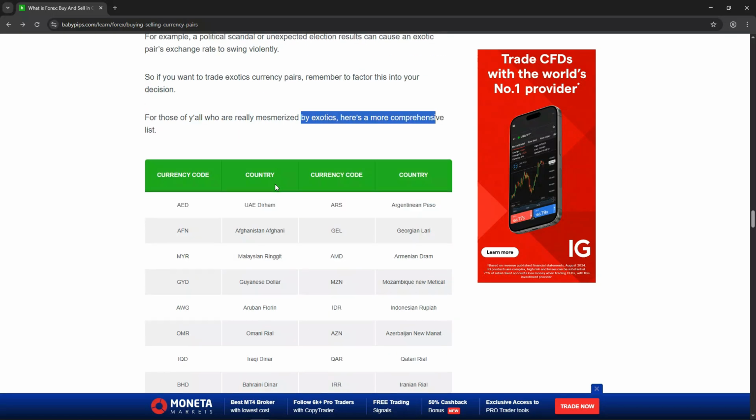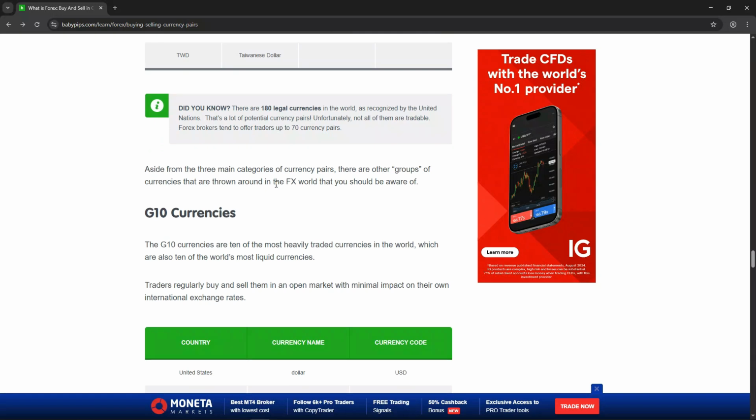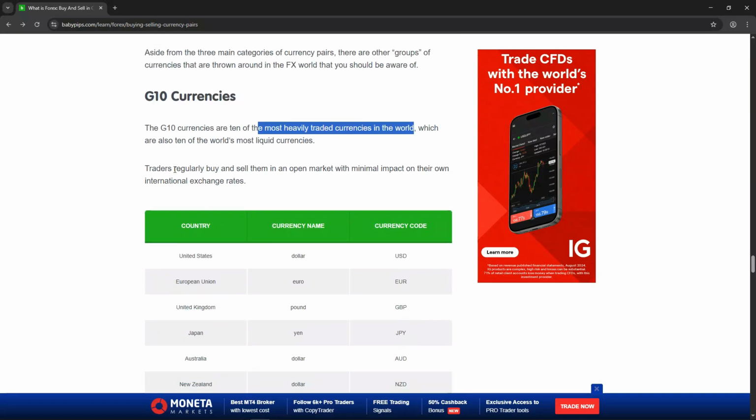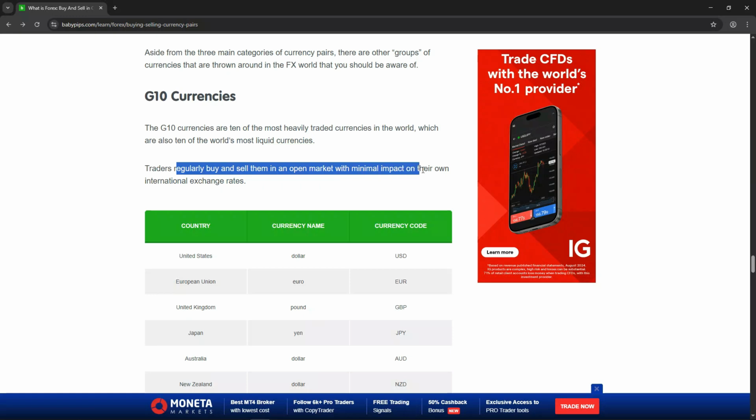Let's talk about G10 currencies. These are the 10 most traded and most liquid currencies in the world. Because they are traded so frequently, they are very easy to buy and sell, and individual traders don't have much impact on their prices.